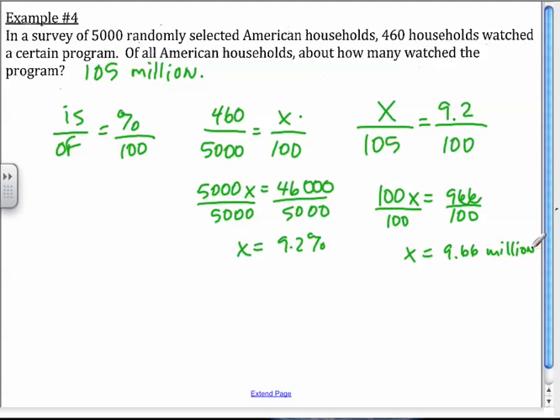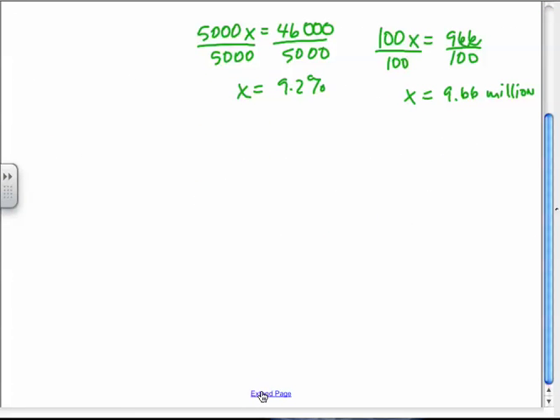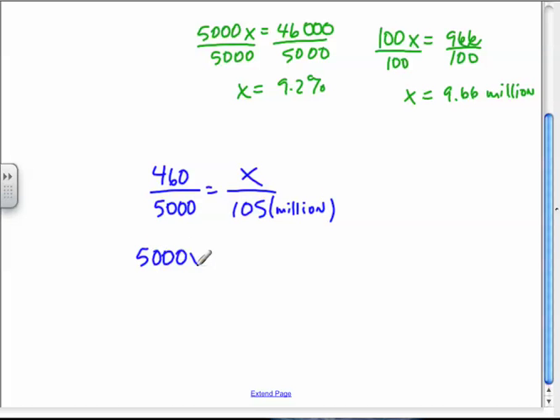Now, someone earlier said, you know what, Mr. C, why don't I just do this? I could say that 460 out of 5,000 watched it. So how many would watch it out of 105 million? And remember, this stands for million. Okay? You could do that. Cross multiply, you're going to get 5,000x is equal to 460 times 105 gives me 48,300.